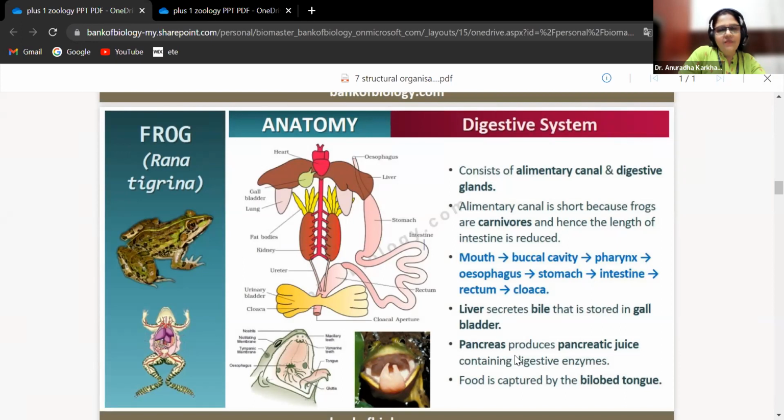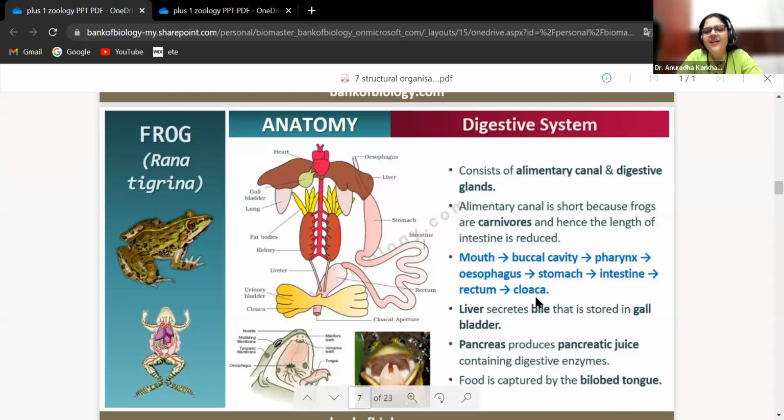It's only going to survive on insects. Why does it not require a normal alimentary canal? Why is it short? See, Vaishnavi, you are the only one giving the answer. Very right. All digestion, let it be any carbohydrate, fats, proteins, whatever it is, everything is going to be digested in the stomach itself. The intestine does not have much of a role.